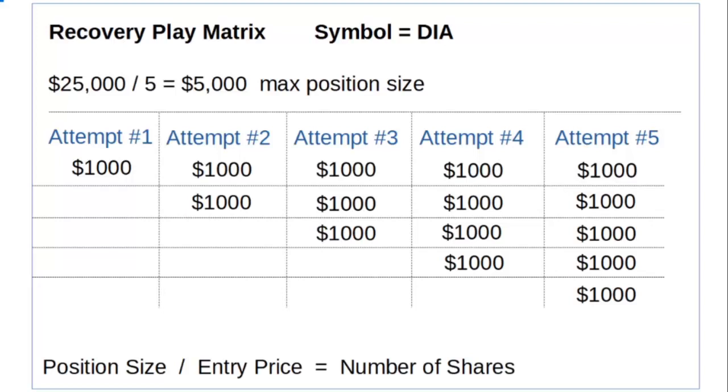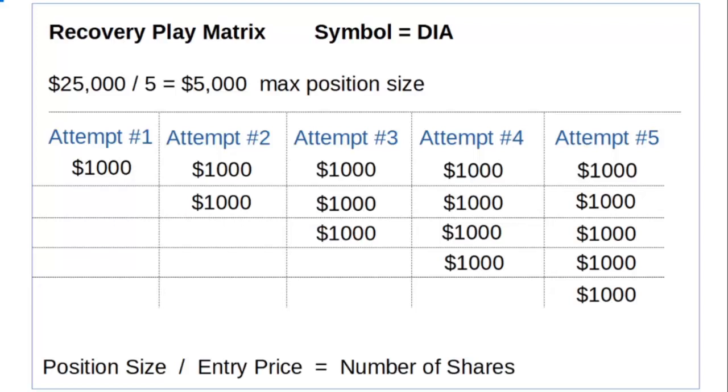Okay, so let's say that one of your stock symbols takes off, great news, and they're recovering, and they take off like a bat out of hell, and your very first attempt is a winner, right? It starts retracing back up. And in fact, one of those stocks that we got, like AMD or something, we can take a look at it later, is one of the ones that is a good one to look at for that.